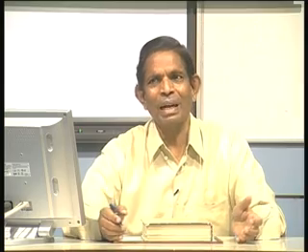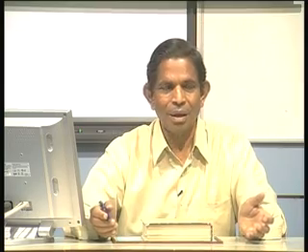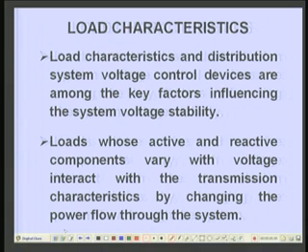Then there are certain loads which can be characterized as constant impedance loads. There are certain loads which can be characterized as constant current loads. And in general, load in a power system will have some component which may behave as a constant impedance load, some component may behave like constant current load, some may behave as a constant PQ load, right. Therefore, normally the composition of the load is very important and affects the voltage stability to a great extent.